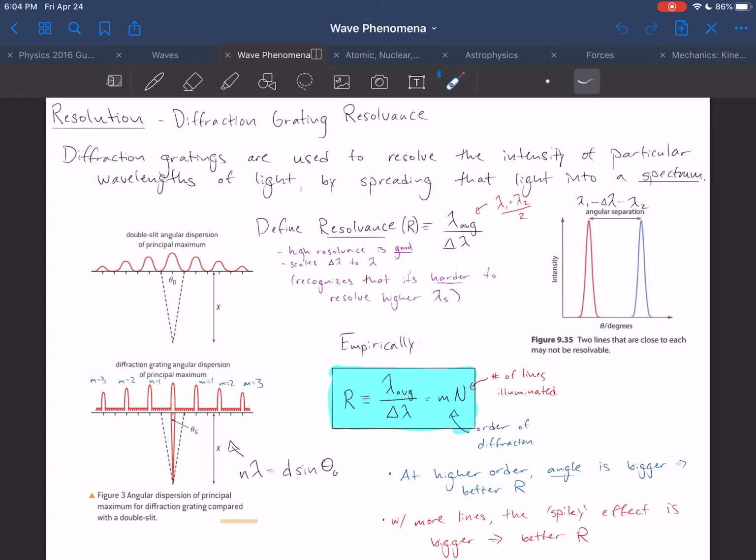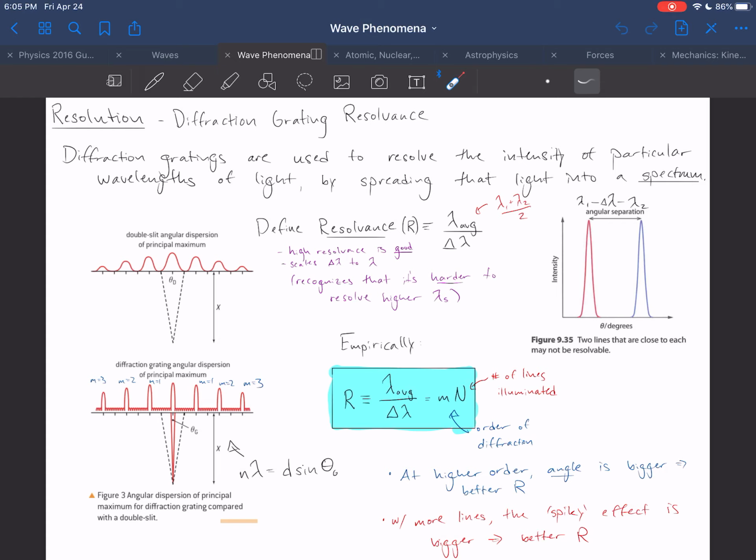So, in order to do this, we define a quantity called the resolvance, R. And this is just a fixed quantity. I'm not going to prove it. I'm not going to derive this equation. This is just one of those plug and chug kind of equations. But it does make sense, and it is a useful quantity. And it's calculated by taking the average wavelength between the two wavelengths you wish to resolve, and dividing by the difference between them.